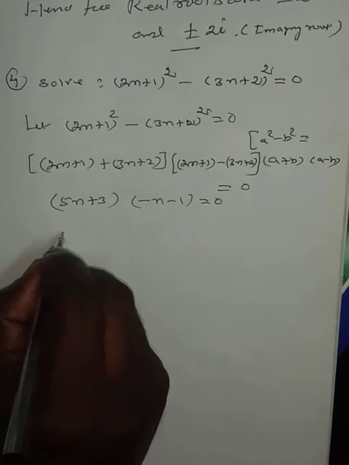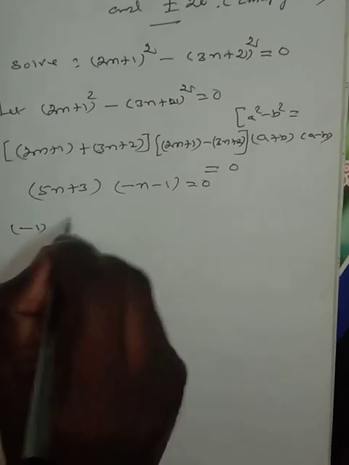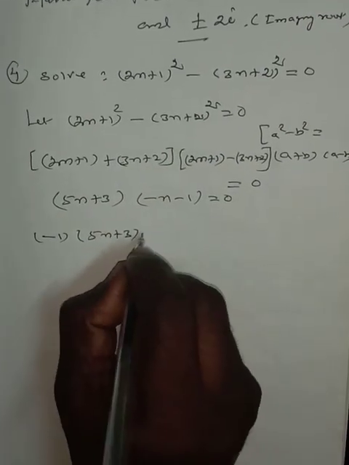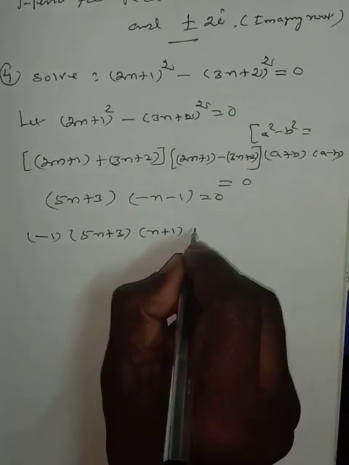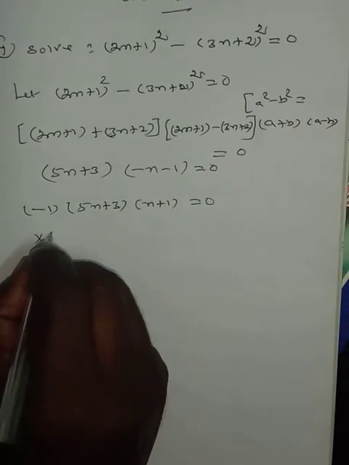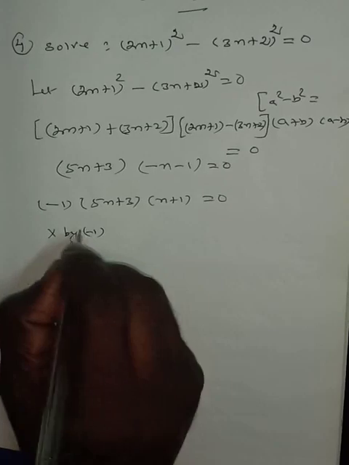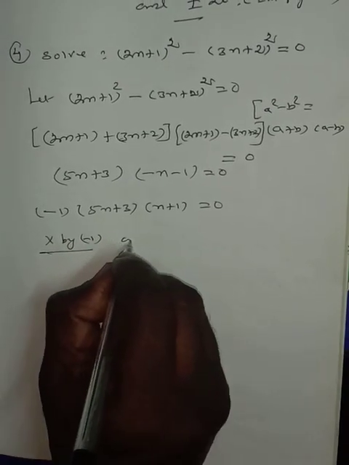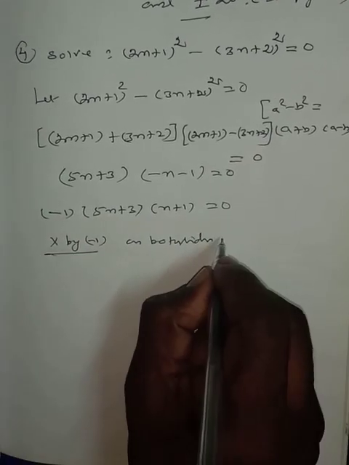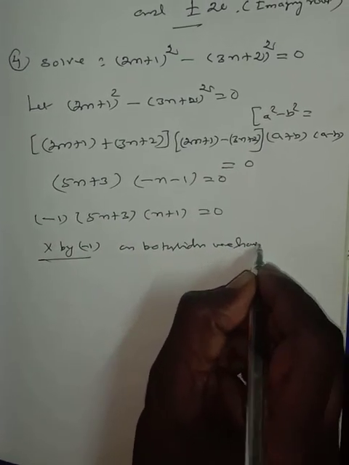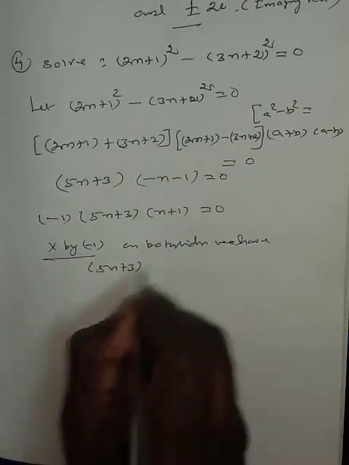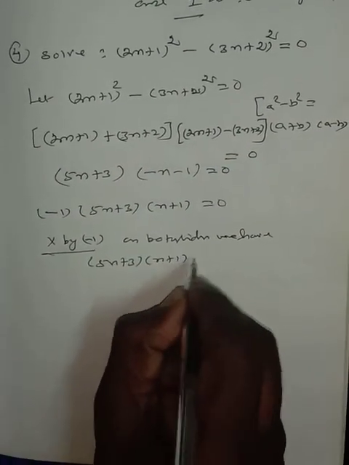This means minus 1 into 5x plus 3 into x plus 1 is equal to 0. Multiplying by minus 1 on both sides, we have 5x plus 3 into x plus 1 is equal to 0.